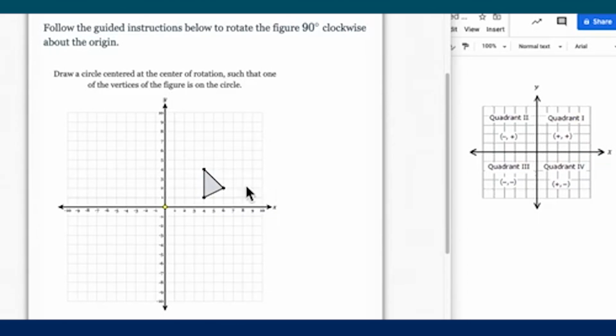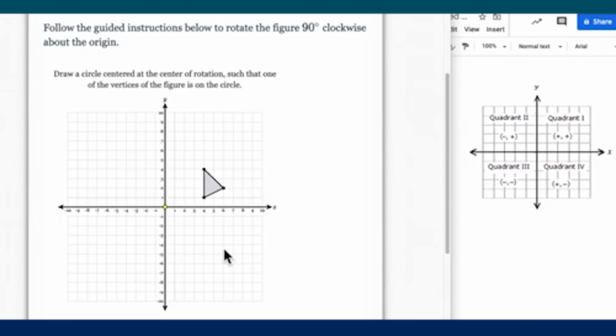So when we think about rotating 90 degrees clockwise, that means that this pre-image, when it's rotated 90 degrees clockwise, all of these points that are in quadrant 1, which have both a positive x and y value, are now going to move into quadrant 4. That is a clockwise rotation. What's in quadrant 1 moves to quadrant 4.